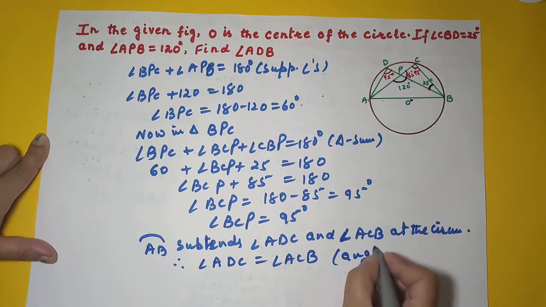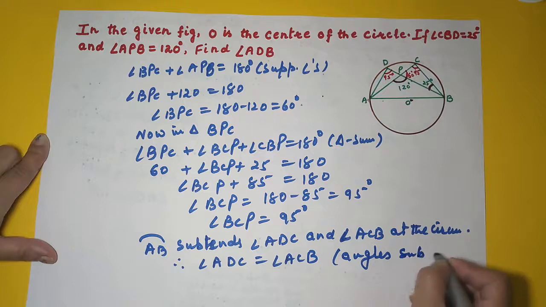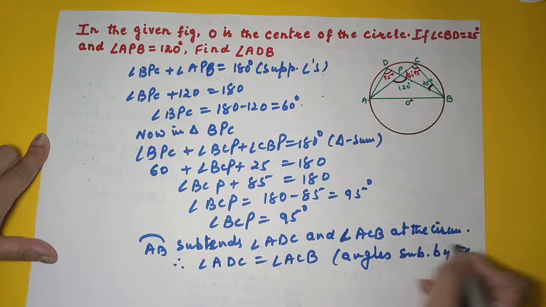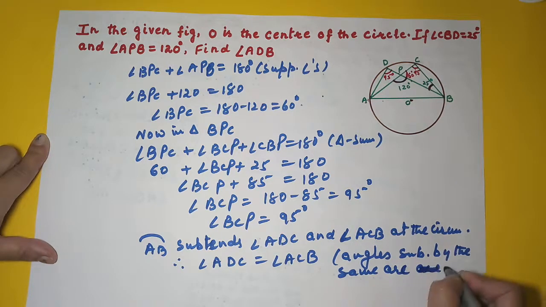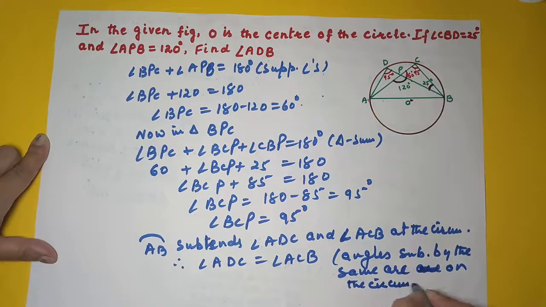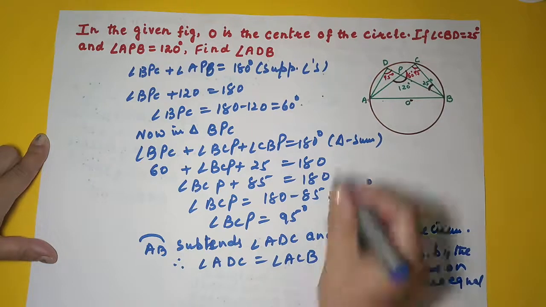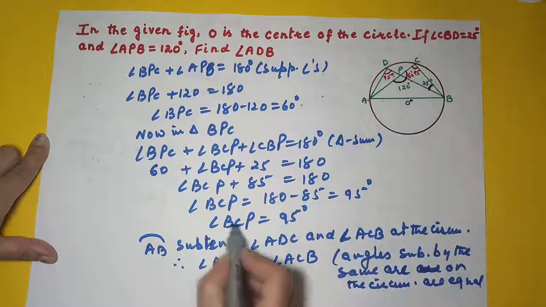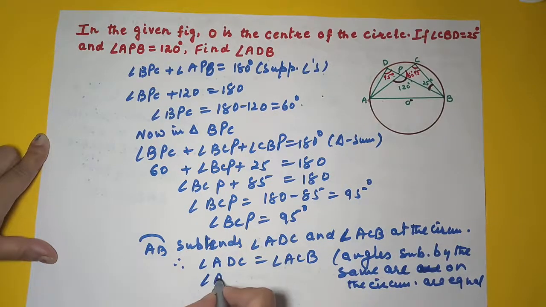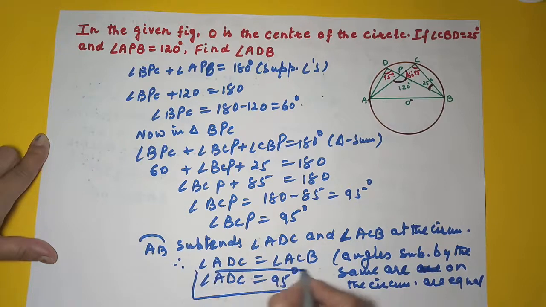Angles subtended by the same arc and lying also on the circumference are equal. My ACB is actually BCP also. So BCP, so angle ADC is equal to 95. So you have calculated.